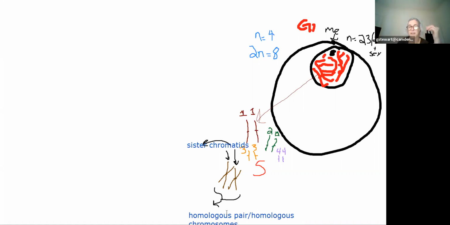And that's important because when we talk about meiosis, about what happens in metaphase 1 versus metaphase 2, in anaphase 1, the homologous pairs are going to separate. In anaphase 2, the sister chromatids are going to separate. And I've only drawn one of the chromosomes. Remember, this has to happen for all 4 of the chromosomes that I have here.